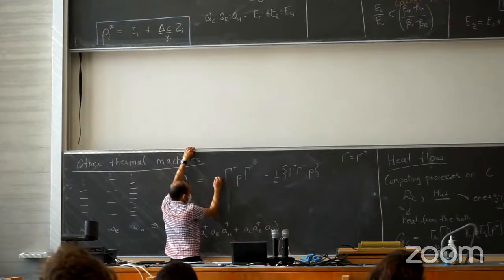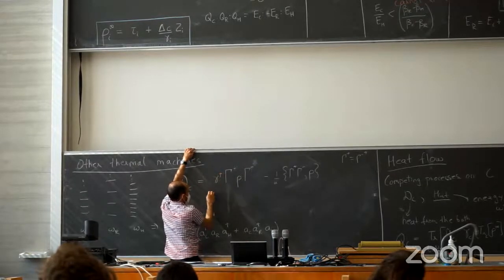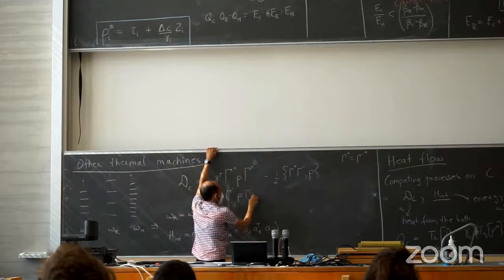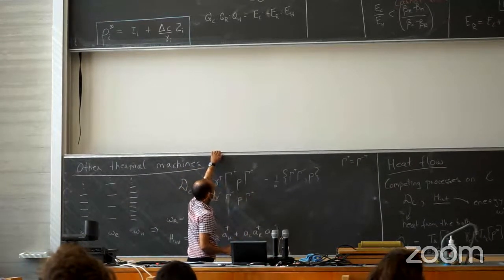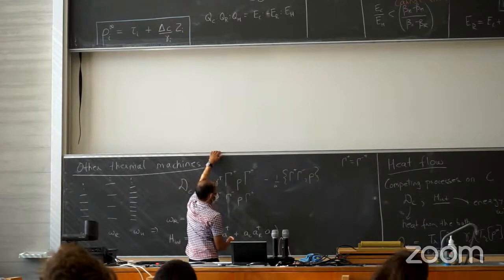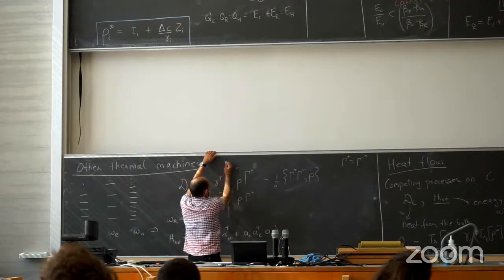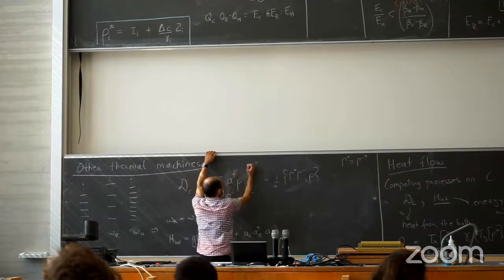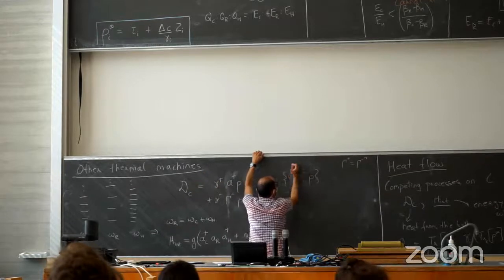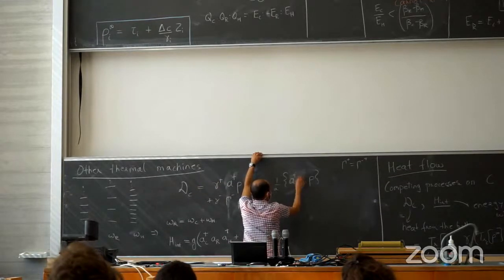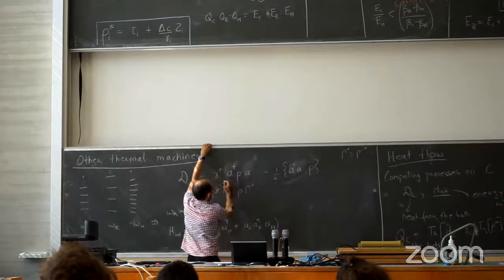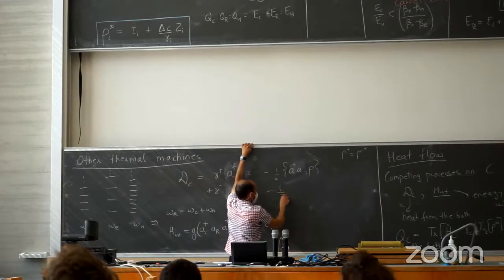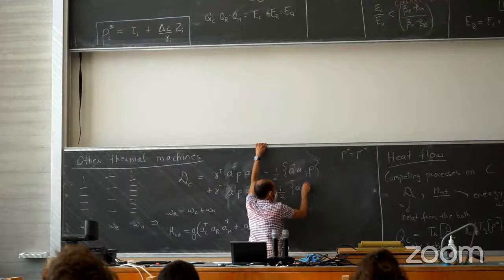And then you have the other one, gamma minus. Actually, I don't need to write it as gamma, I can just write it as A. A dagger is the raising operator, so A dagger rho A, and on this side A rho A dagger minus half of A dagger A rho.